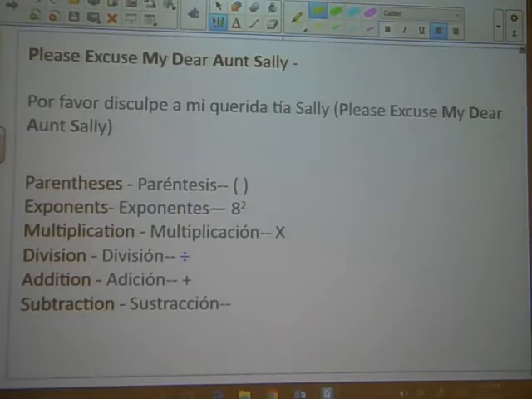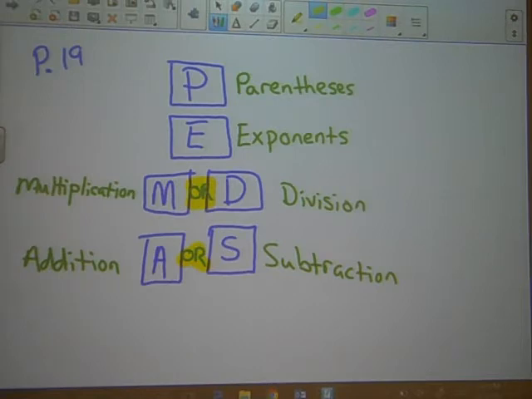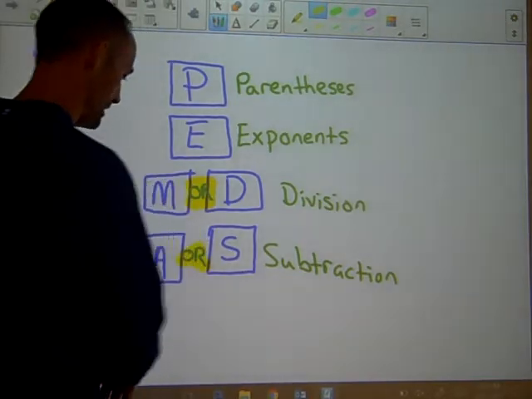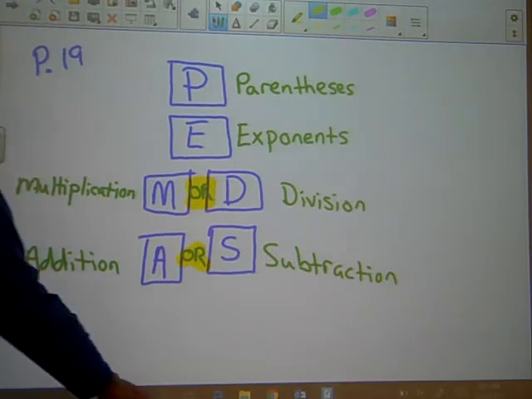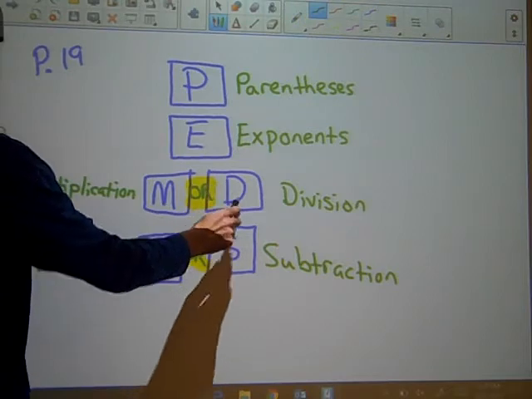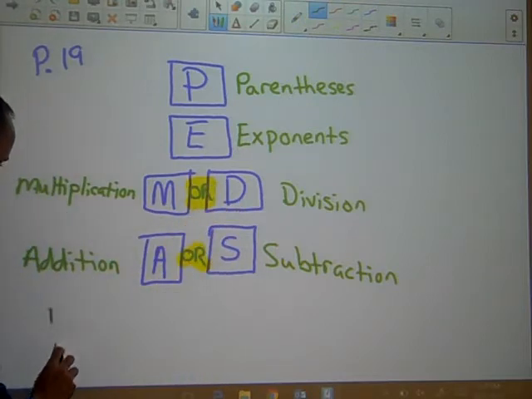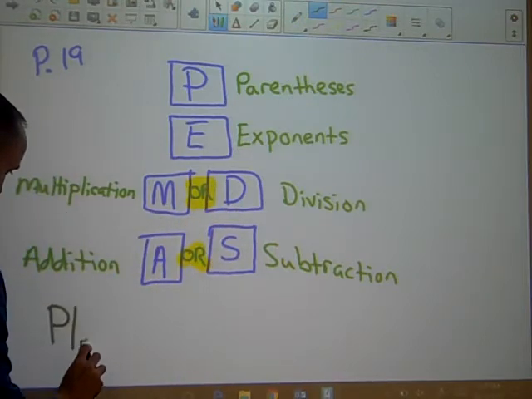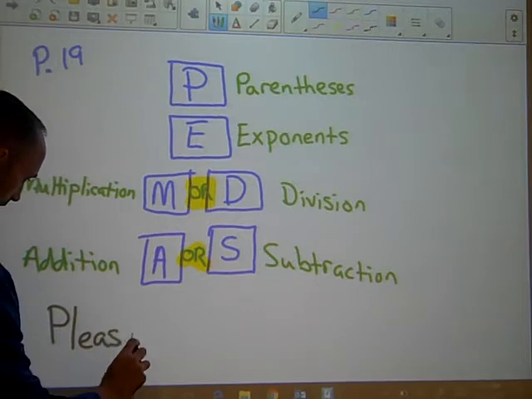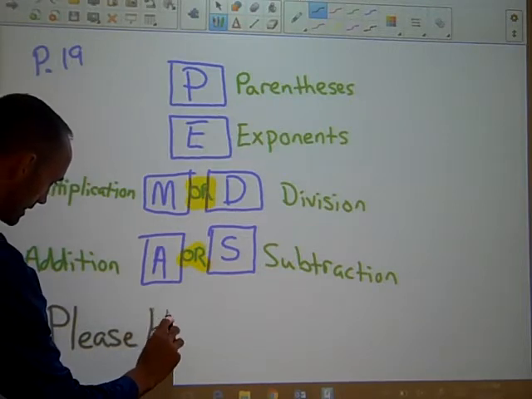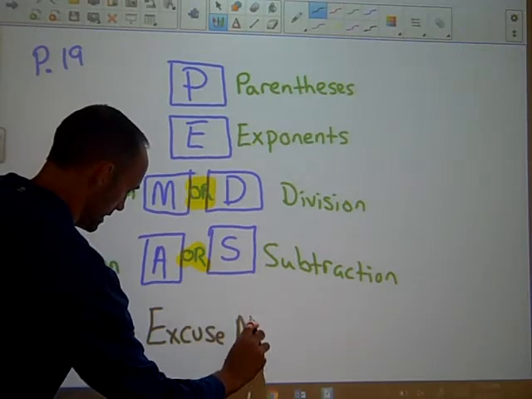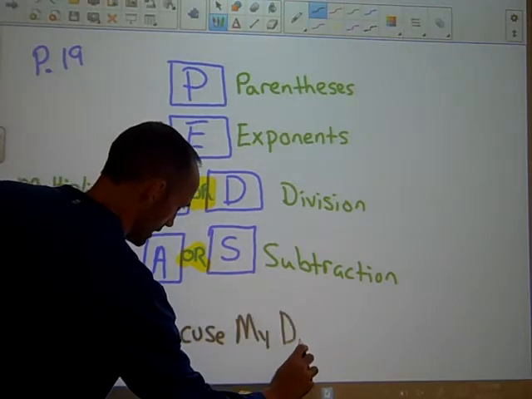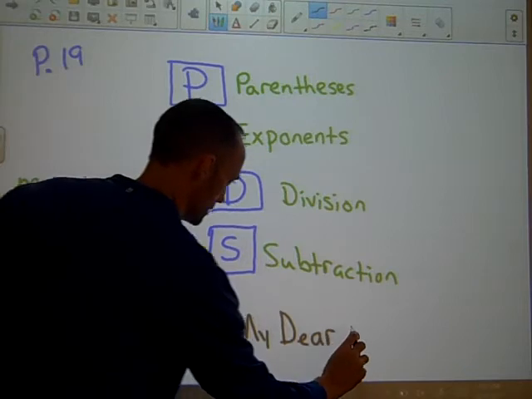page 19. Okay? Then underneath at the bottom, there is a saying that we use to help us remember the order of PEMDAS, and I would like you to write this. And that saying is this: please excuse my dear Aunt Sally.